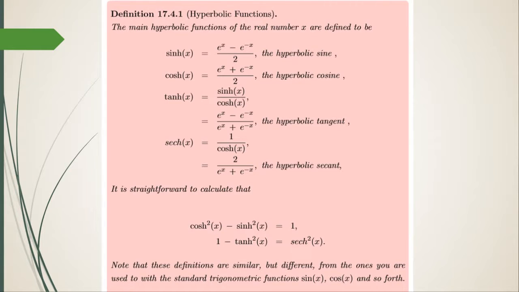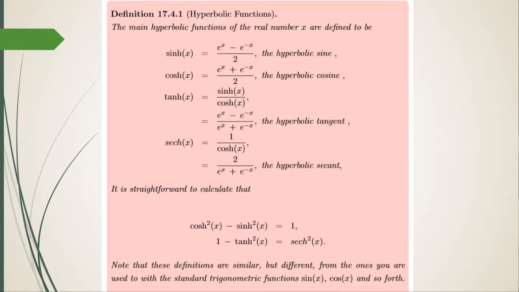So let's go through some very important definitions in math and in our sphere. First one is hyperbolic functions. The main hyperbolic functions of the real number x are defined to be: first, the hyperbolic sine; second, the hyperbolic cosine; third, the hyperbolic tangent; and last but not least, the hyperbolic secant.